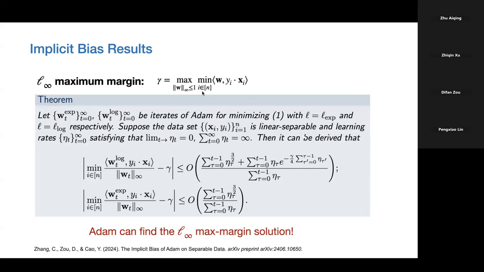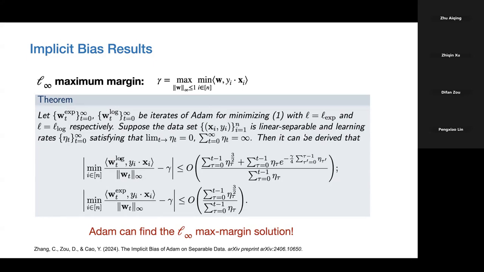So this is the definition of the L infinity max margin. In order to prove the direction convergence, it is equivalent to prove the margin convergence. We first want to characterize the L infinity margin of the solution found by gradient descent and by Adam.